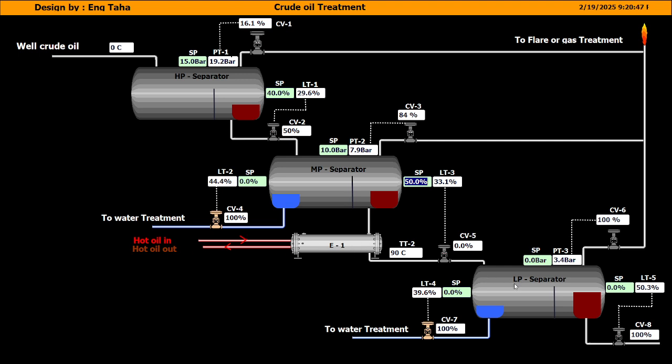And this is the low pressure separator, the third stage. It's almost 3 bar, maybe 5 or 6 bar.